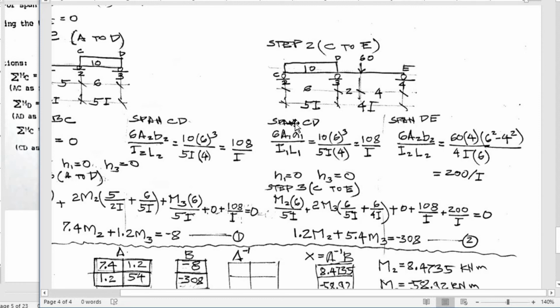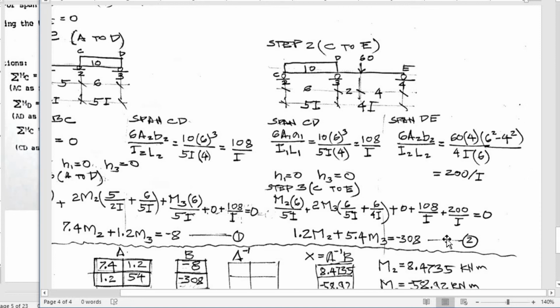Now let's go to step 3 of span C to E. So, this is M2, okay? And then 2M3, tapos ito yung M4. And then you have 6A and 6A. And what is left here is 1.2 M2 plus 5.4 M3 is equal to negative 308.